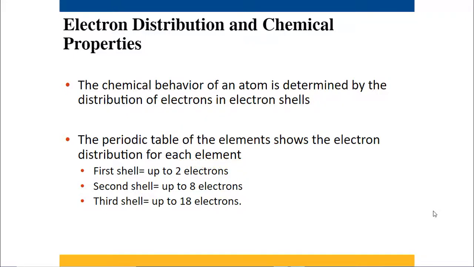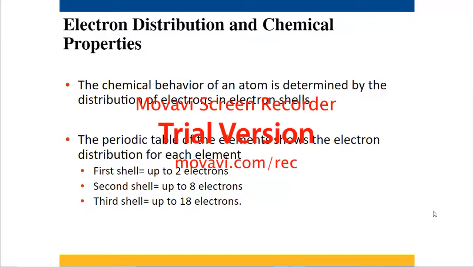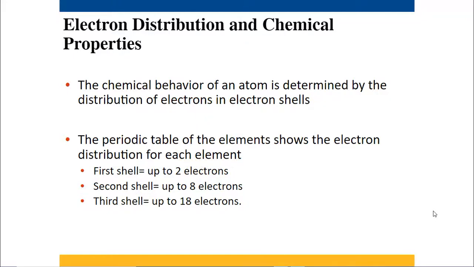The electrons in the elements want to achieve the most stable energy level. When the electrons in an atom are in their most stable energy conformation, the atom is no longer going to be chemically reactive.